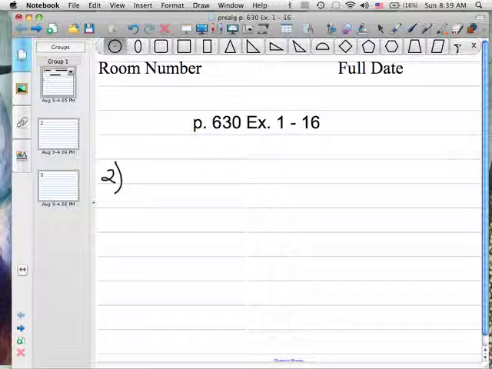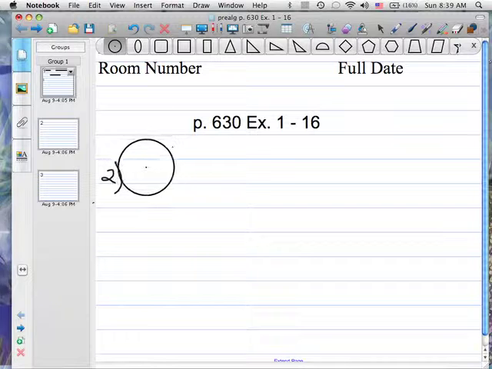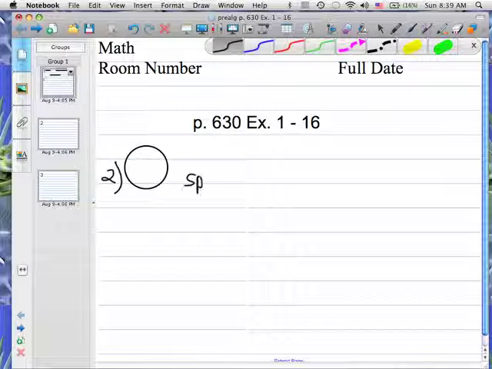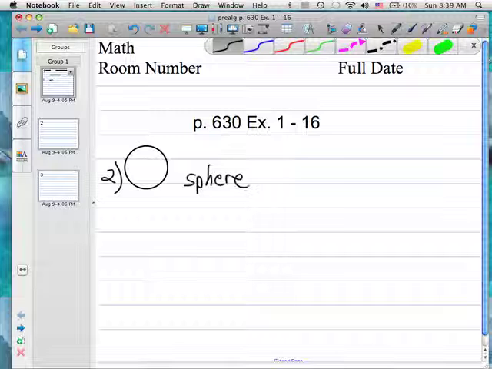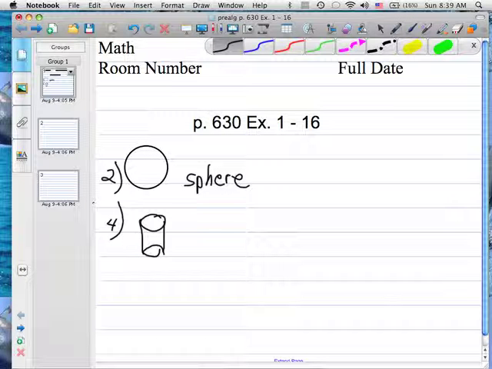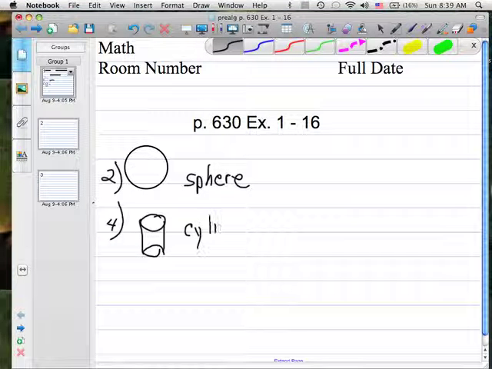Two is definitely the sphere. Number 4, you have a cylinder. You don't have to draw the shape. I'm just trying to make sure we're in the same place.